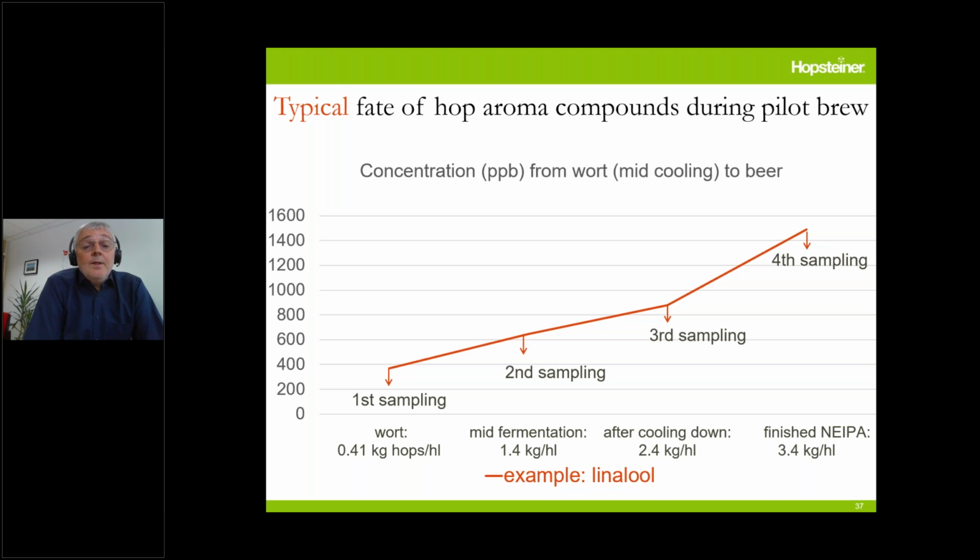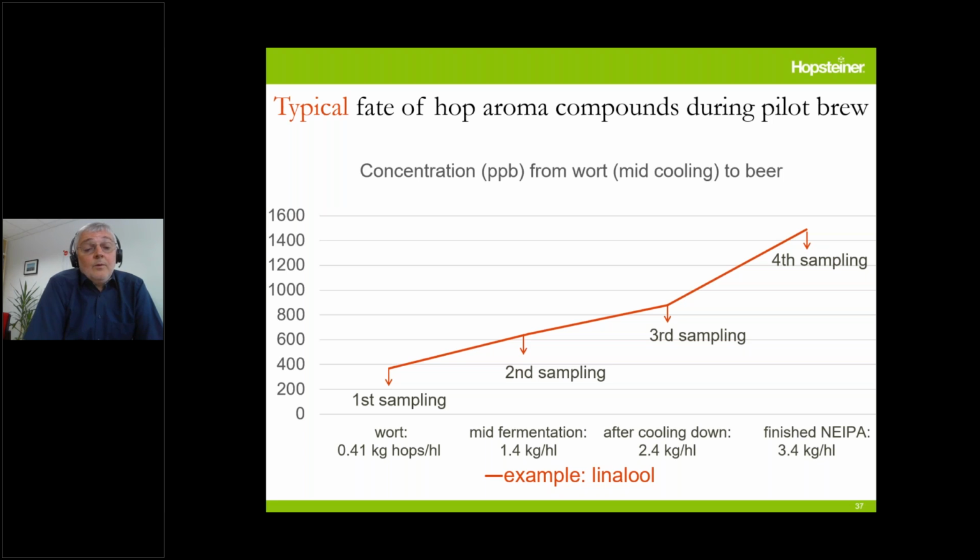You see here the concentration in microgram per liter, ppb, from mid-cooling wort to the final beer. And the sampling was done, the first sampling, mid-cooling. So at this time, already 0.41 kilogram of hops had been added. 11 gram were added during wort boiling and 0.4 kilogram in the whirlpool.